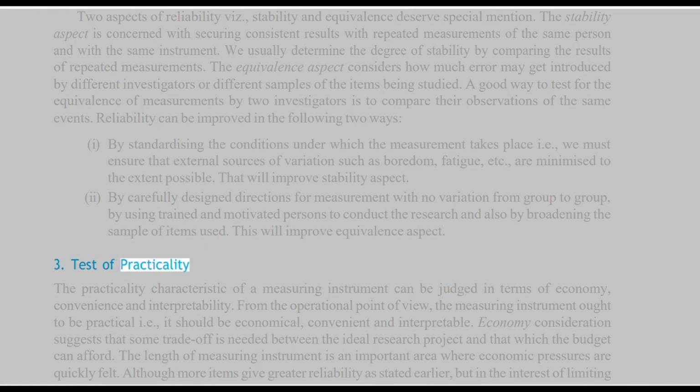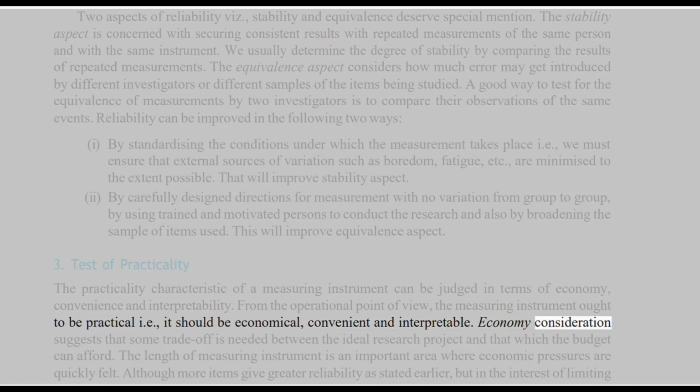3. Test of practicality. The practicality characteristic of a measuring instrument can be judged in terms of economy, convenience and interpretability. From the operational point of view, the measuring instrument ought to be practical, i.e., it should be economical, convenient and interpretable.